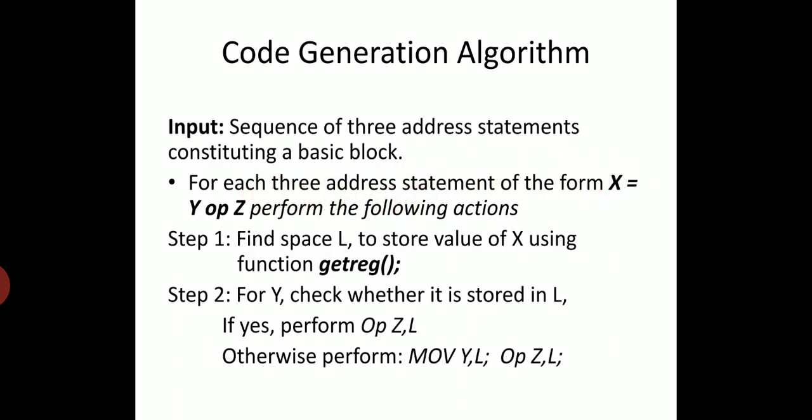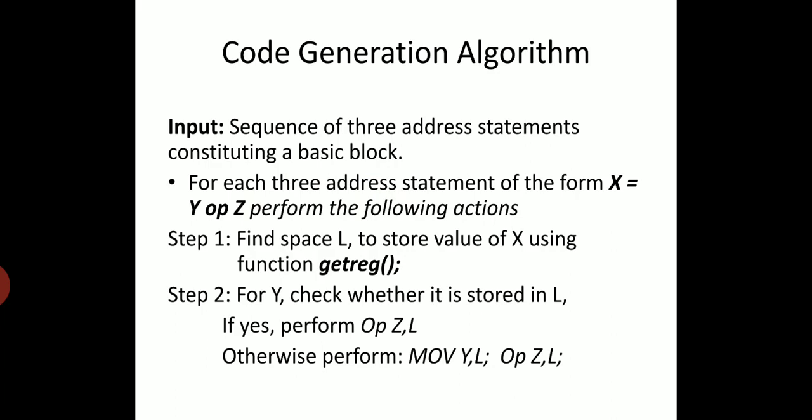The return value from getReg can be memory or register. A register is always preferred for storing values, because if the values are stored in a register, the execution will become faster. In step 2, we have to perform the operation on the y operand next. For that, one of the operands must be in a memory location or in a register.